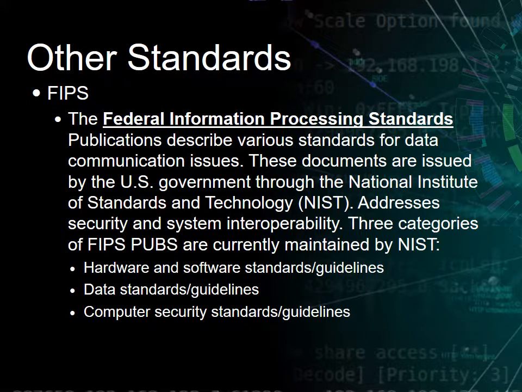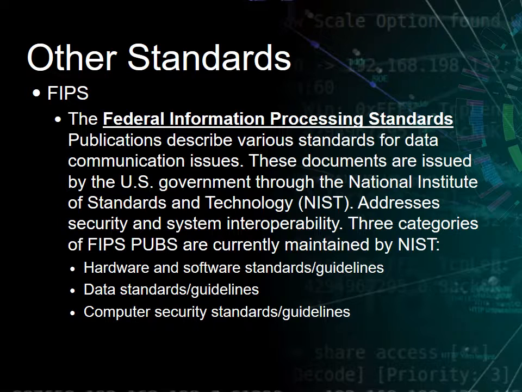If you ever work around the government in an IT setting, you're going to hear the acronym FIPS, Federal Information Processing Standards. The National Institute of Standards and Technology has developed these Federal Information Processing Standards into publications to help guide the federal government in doing certain things with information and information technology.